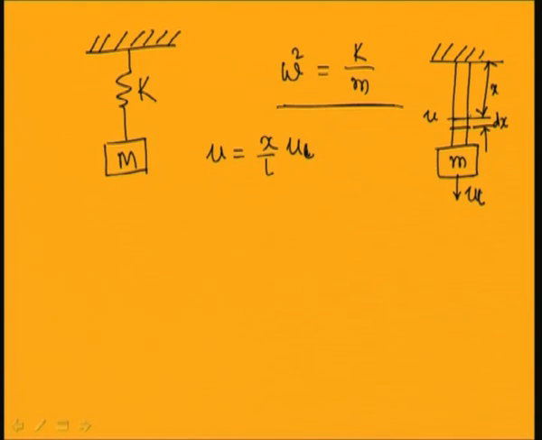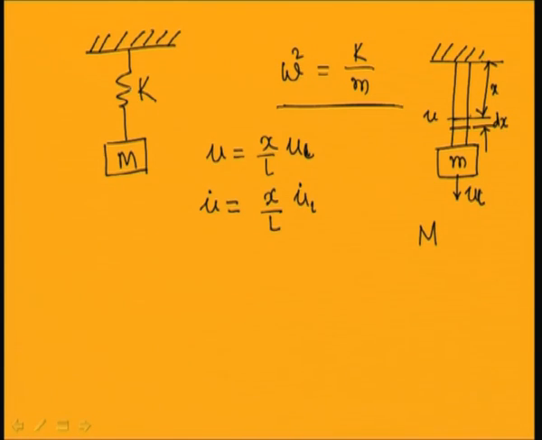So I can write u dot, to find the kinetic energy, as x by L into uL dot. Similarly, the mass of this element: let m be the total mass of this rod, or mass of the spring.